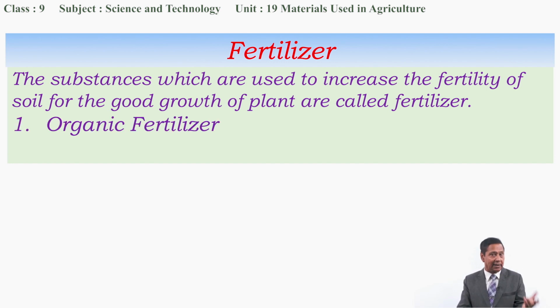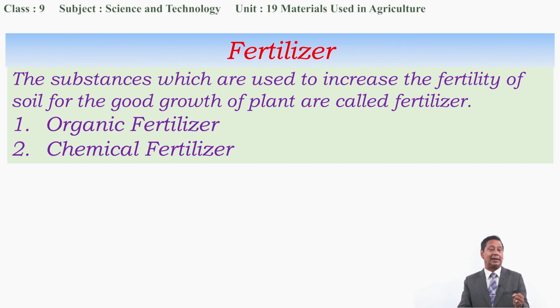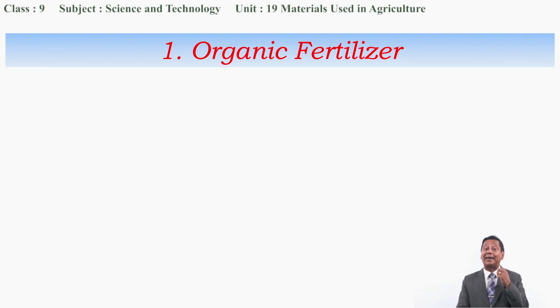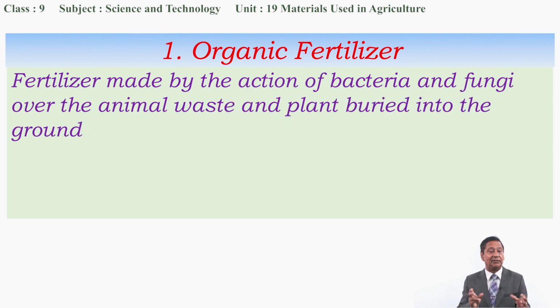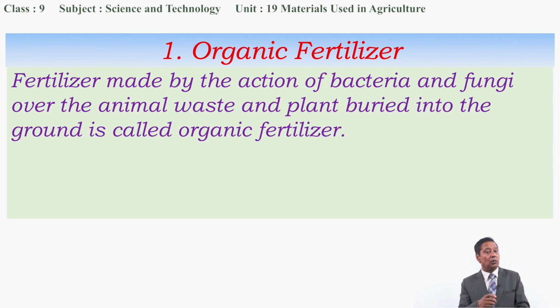One is organic fertilizer, another is chemical fertilizer. Looking at the word organic, it can be understood very easily. It comes from plants and animals. What is organic fertilizer? Fertilizer made by the action of bacteria and fungi over the animal waste and plant buried into the ground is called organic fertilizer.